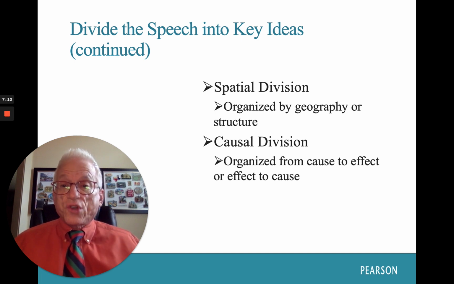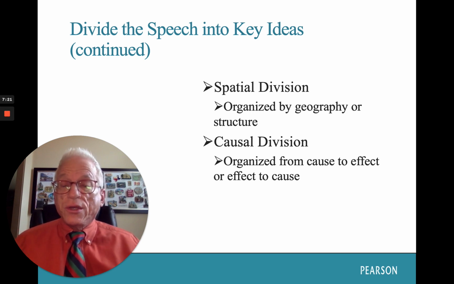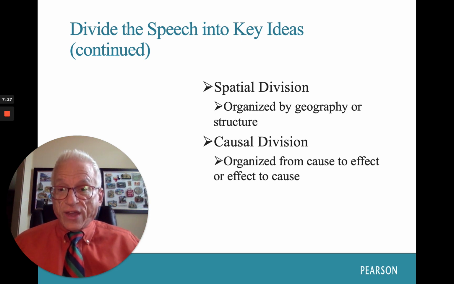Or I might start out with a thesis that says, what are the causes of a certain event, and then I will use my structure to lead up to that event.